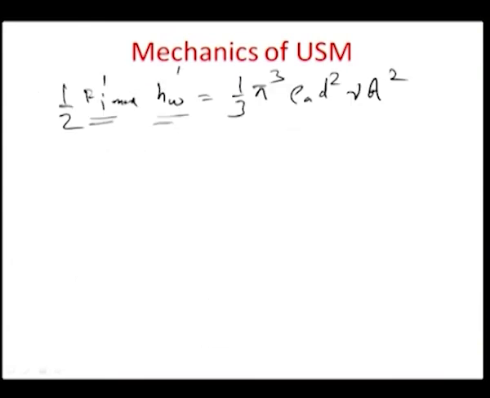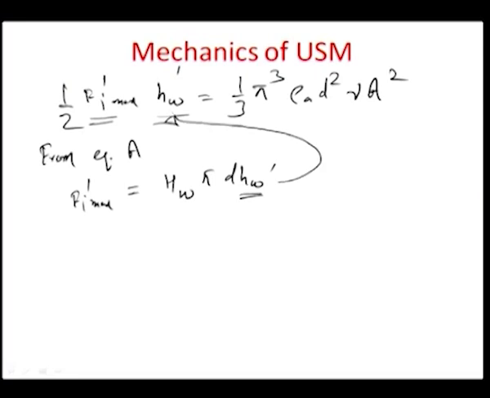From this equation A, you already know that F_i' max can be equated to H_W π d small h_W', where this is the maximum indentation depth of a freely flowing abrasive grain on the surface. So if we substitute this in this particular equation for F_i' max, we get a formulation: half H_W π small d small h_W' square, okay.